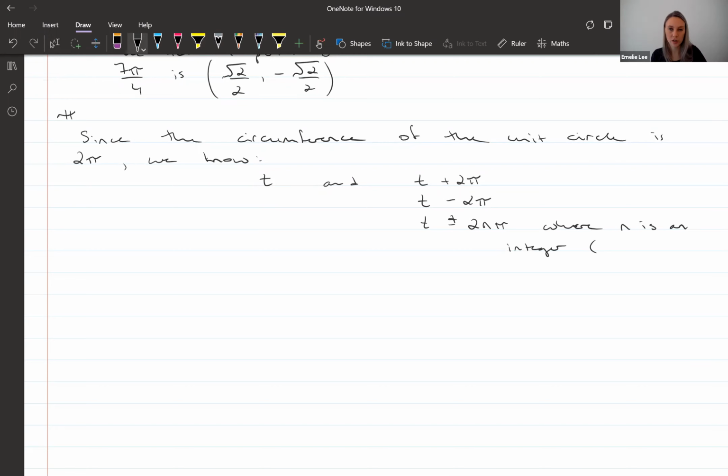An integer is just a whole number. It can be positive or negative, but every counting number is an integer. So 1, 2, 3, 4, 5. And so if I move 5 multiples of 2 pi, I've just gone around the circle 5 times, right? You can even have negative, but because we've got this plus minus, it's already taken care of.